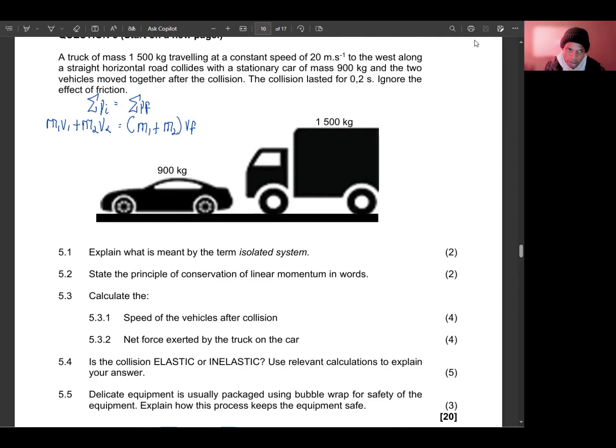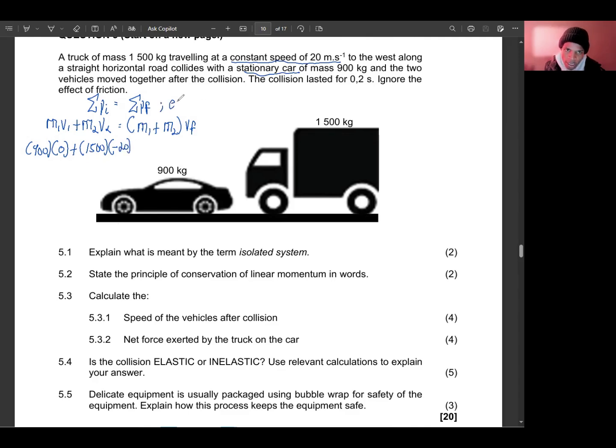So, okay, this is what we're going to do now. Our mass 1 is what? 900 kg. And then what are they saying about this? A truck of mass 1,500 kg was the one that was moving at a constant speed of 20 meters per second to the west, along a straight horizontal road, collides with a stationary car. So the car was stationary, and then this is 1,500, but it was going 20 meters per second to the west, so negative 20.